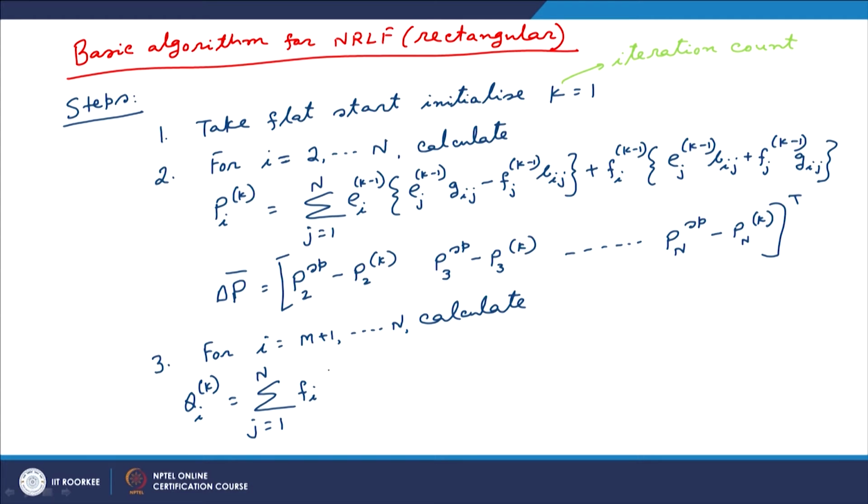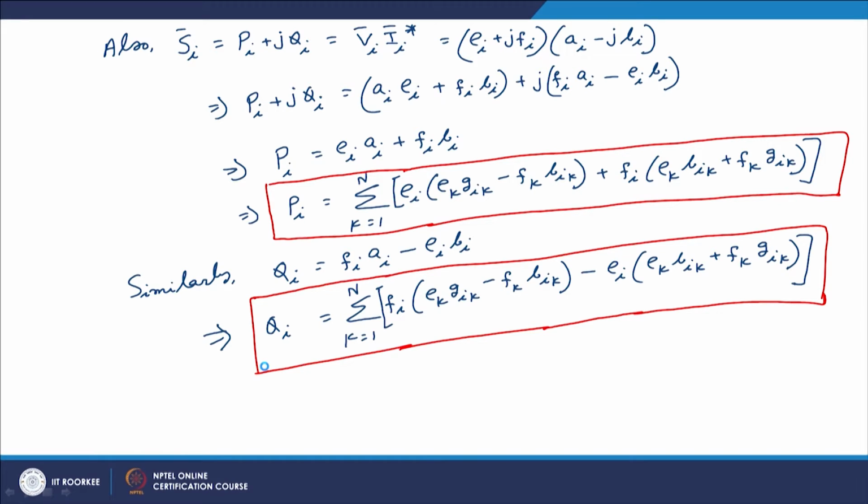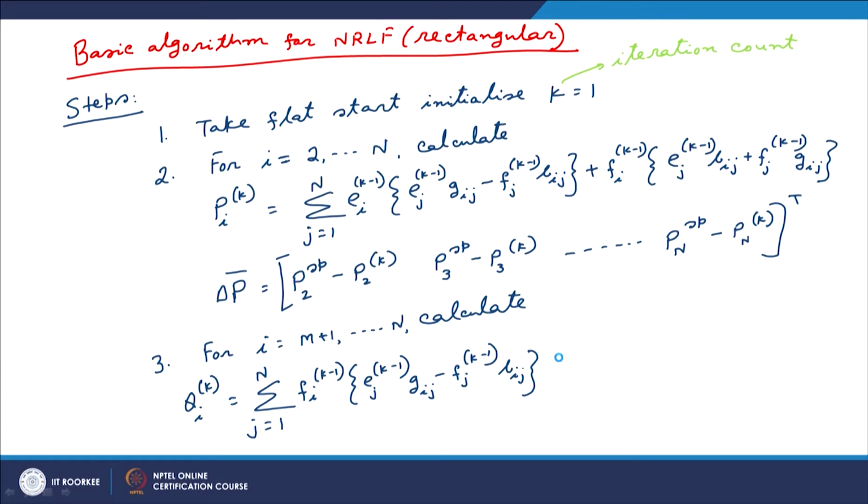So, Fi Ej Gij minus Fj Bij, then Ej Gij minus Fj minus Ei Ek Bik plus Fk Gik minus Ei k minus 1 Ej k minus 1 Bij plus Fj k minus 1 Gij.